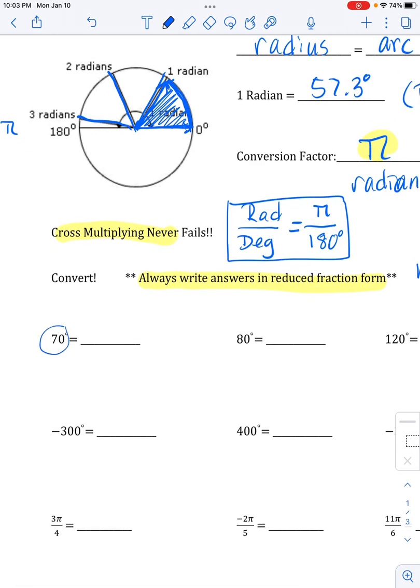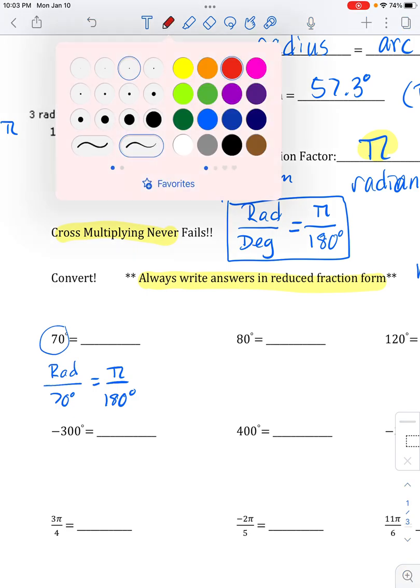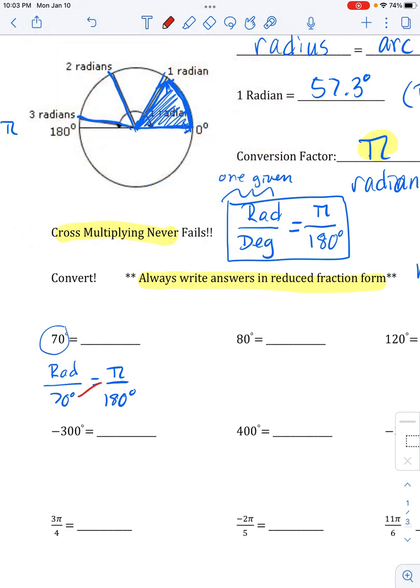So this is clearly given in degrees. So when I set up my proportion, it's the radians that I don't know over 70 degrees. So like in this setup, one of these is going to be given, one or the other. And then this is always true. Pi radians is equivalent to 180. So I'm going to cross multiply because cross multiplying always works.